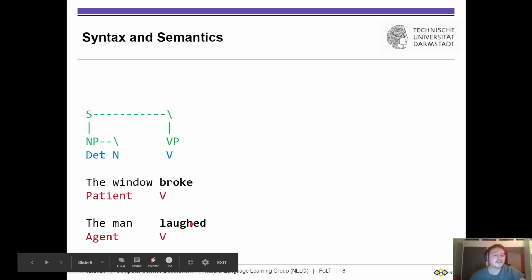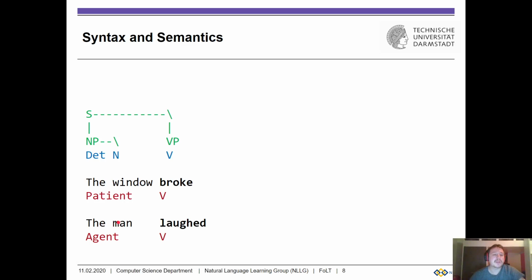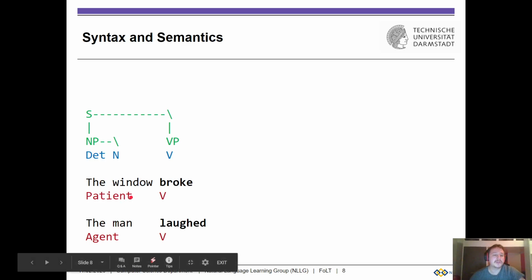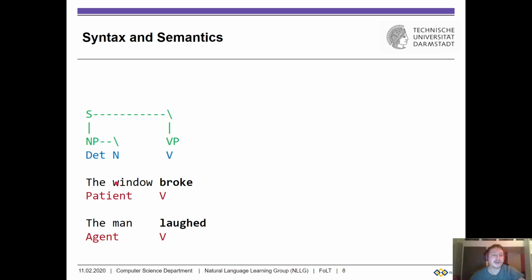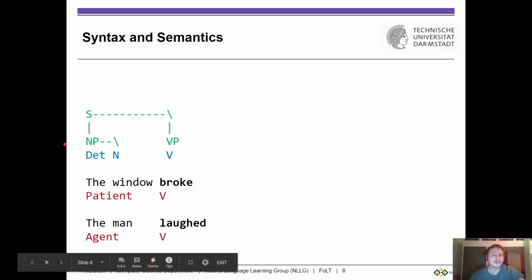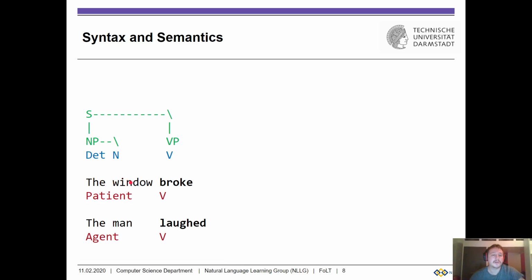The verb "laughed" takes one argument, and this is a subject, for example: somebody laughed or somebody is laughing. When we compare those two things, we see a certain similarity, because the noun phrases are the arguments of the verb. It's really the noun phrase which is the argument of the verb phrase, or of the verb here.